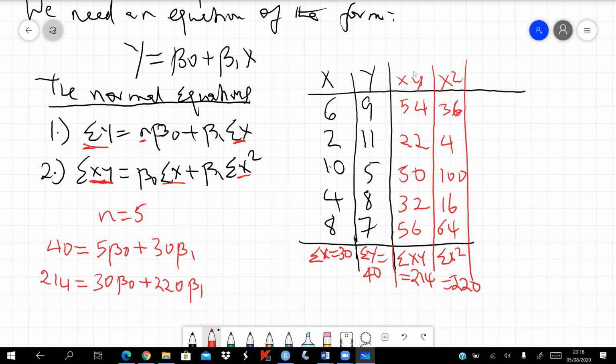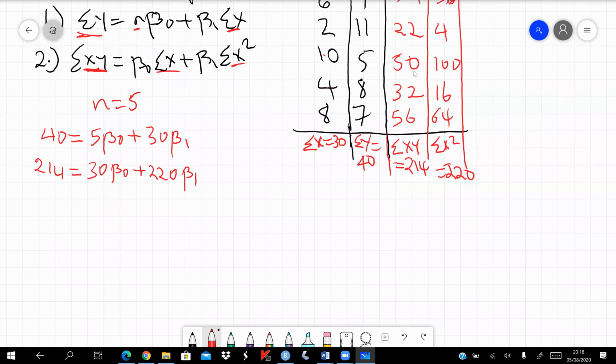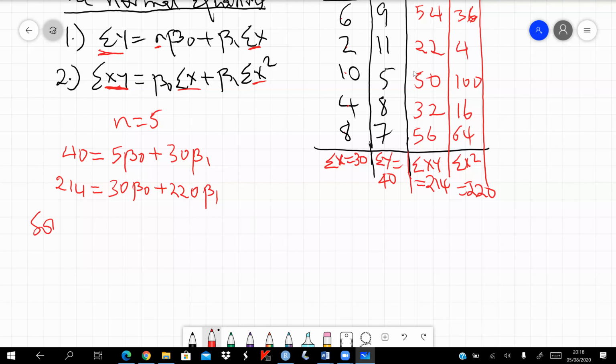So I have a pair of linear equations. I solve them simultaneously using any method of my choice. You can use elimination method, substitution method, and other methods.